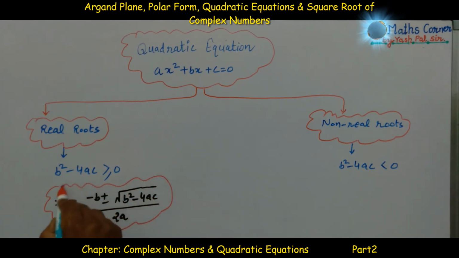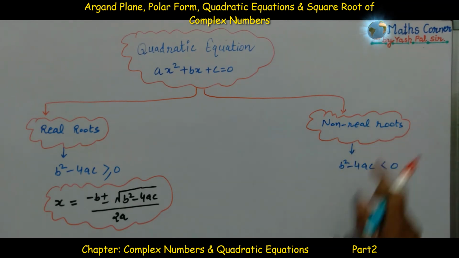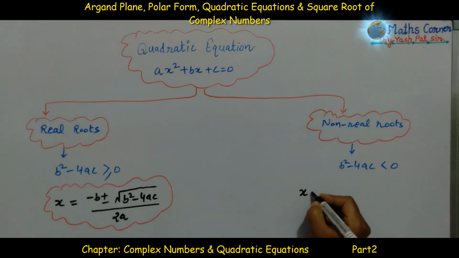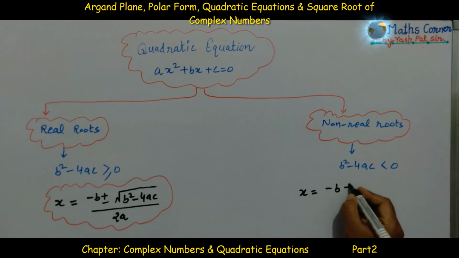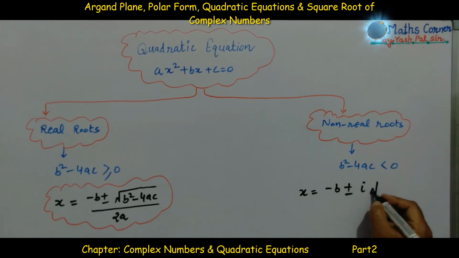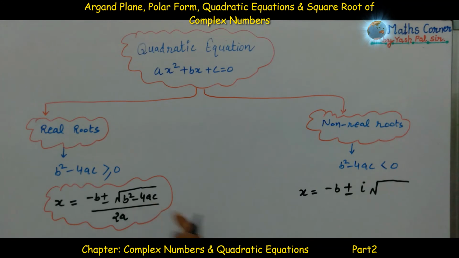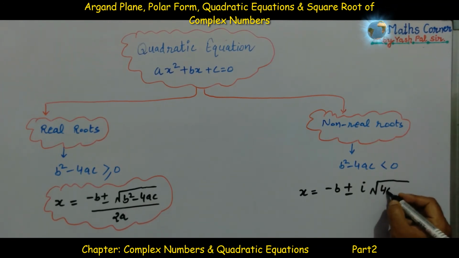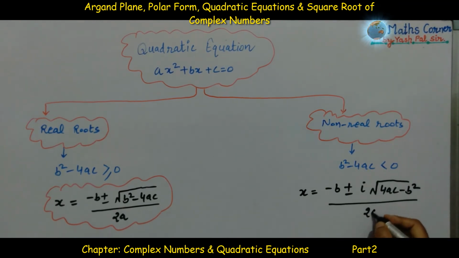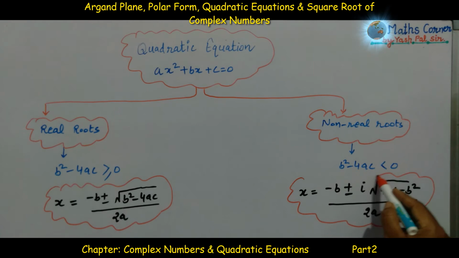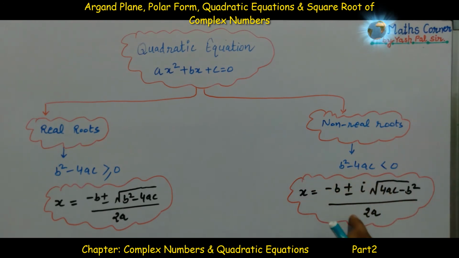But in the case of complex numbers, that is, non-real roots, we write x equal to minus b plus minus iota square root of 4ac minus b square, whole divided by 2a. This way we get the roots of the quadratic equation where the roots are non-real, that is, the roots are complex numbers.